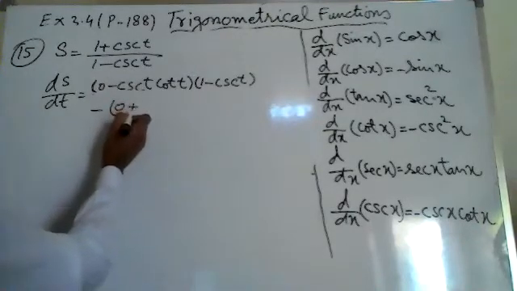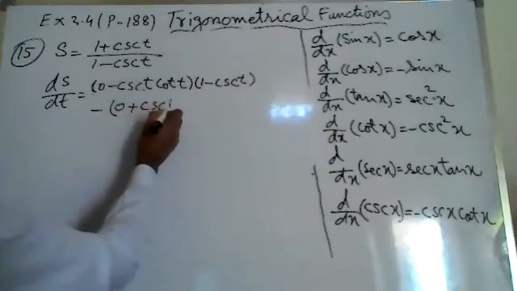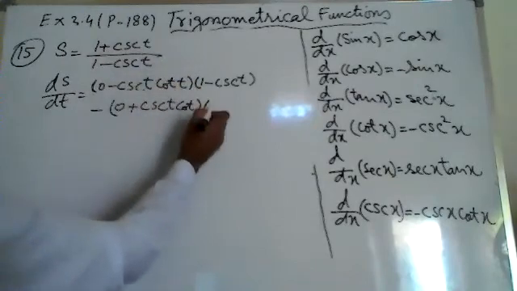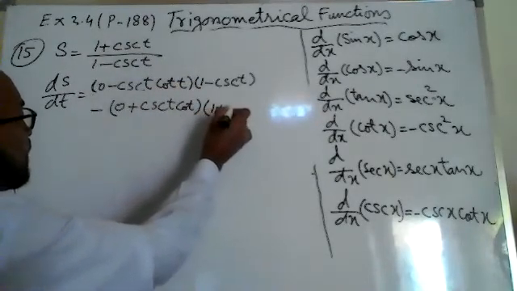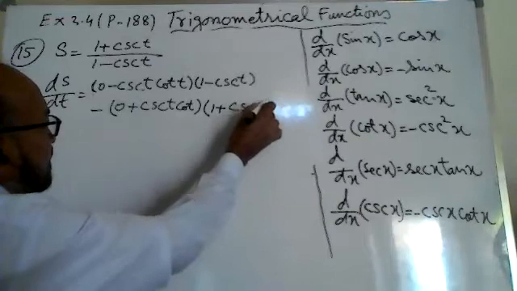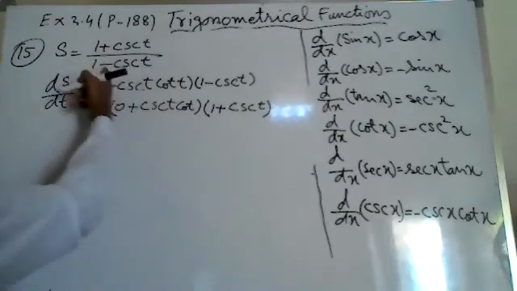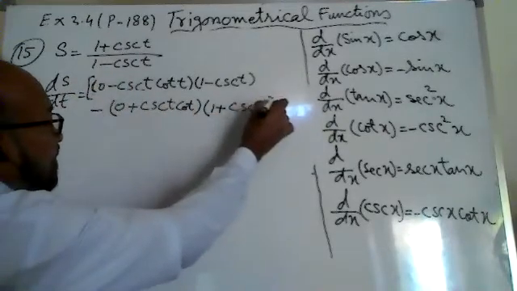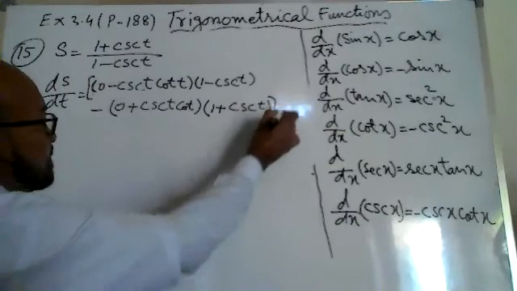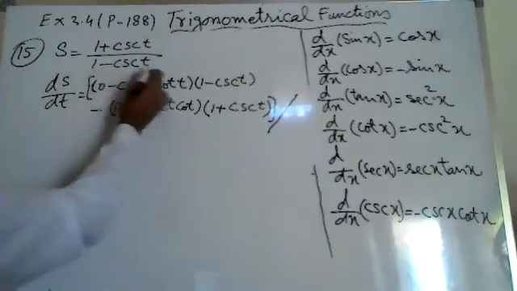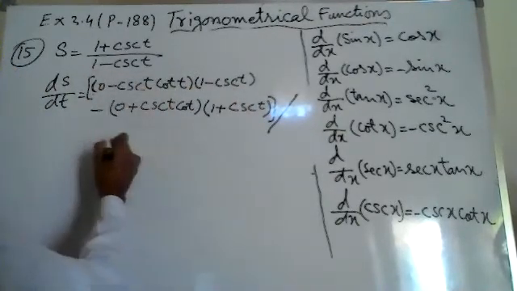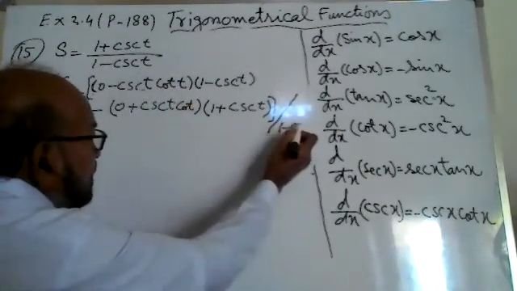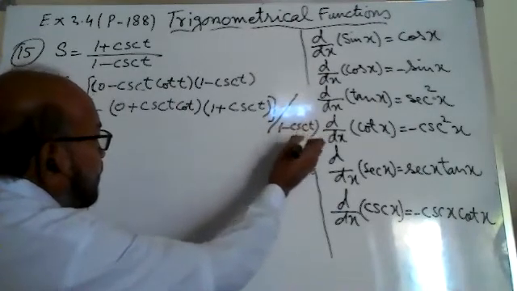So minus into minus will be plus cosec t cot t into the numerator 1 plus cosec t, and whole upon square of the denominator, 1 minus cosec t whole square.